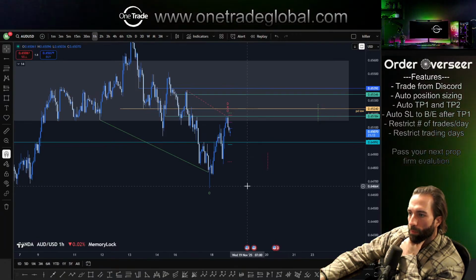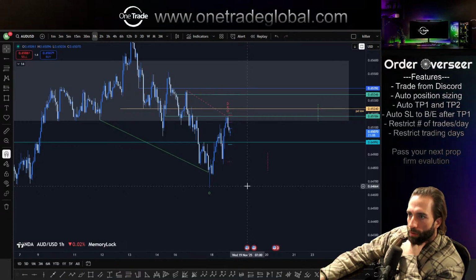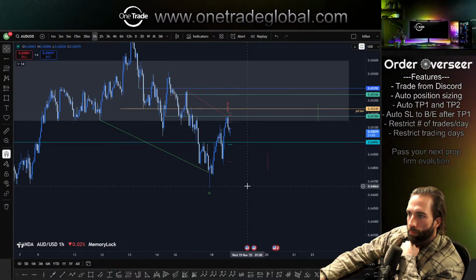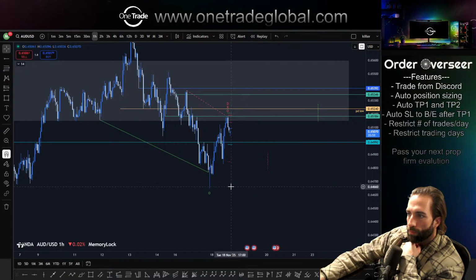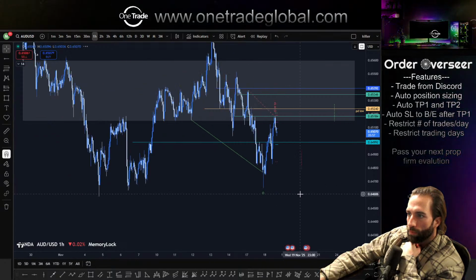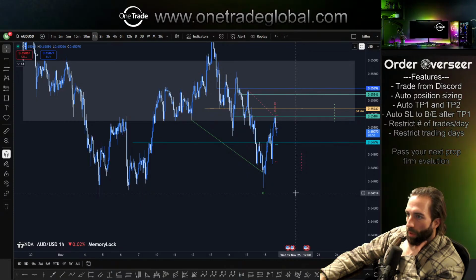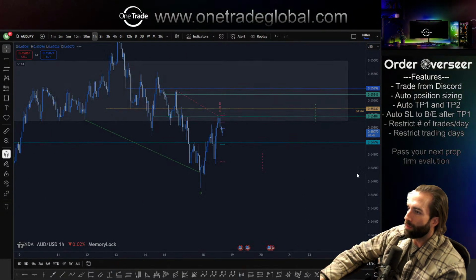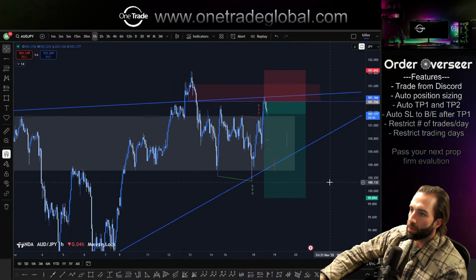No level in particular stands out to me that I would position. This might be more of a zone kind of trade. It's fine, I don't love it. I'd rather move on to something else.